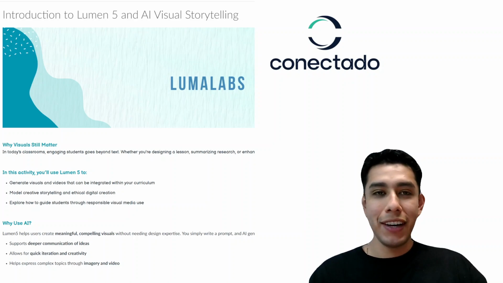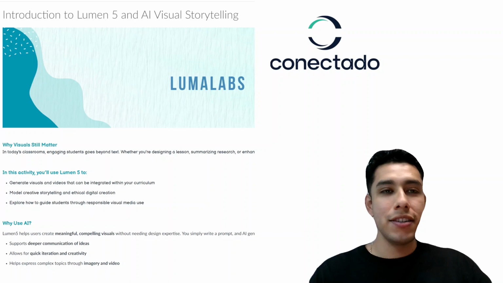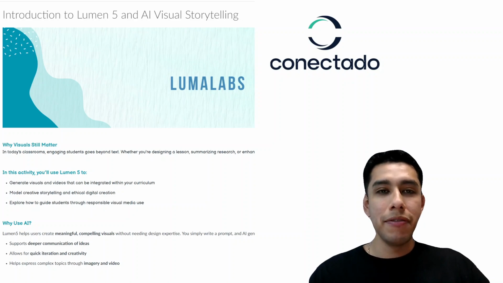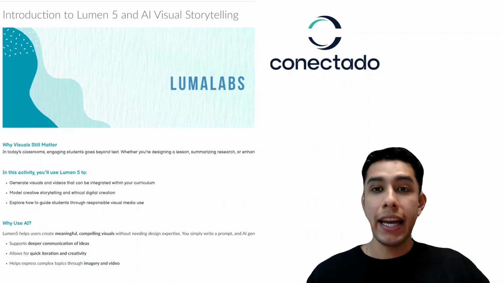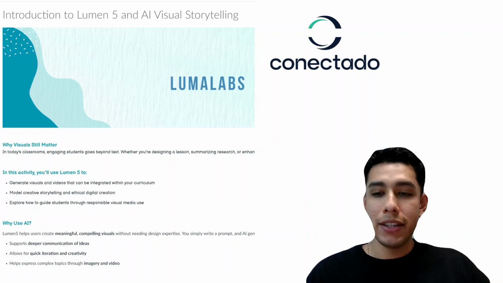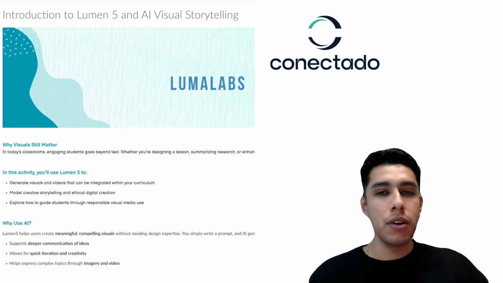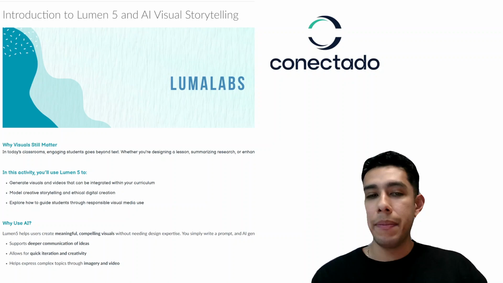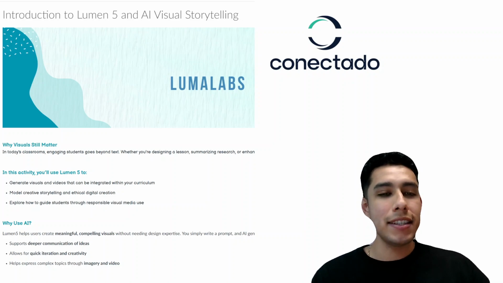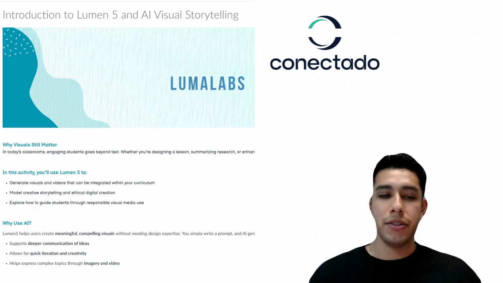Great. So, as you can see, I've navigated here to the Introduction to Lumen 5 and AI Visual Storytelling tab on our Canvas course. And so I want to begin by explaining a little more about what Lumen 5 is and its capabilities. To set the scene, I first want to start off by talking about why visuals are so important within the classroom.